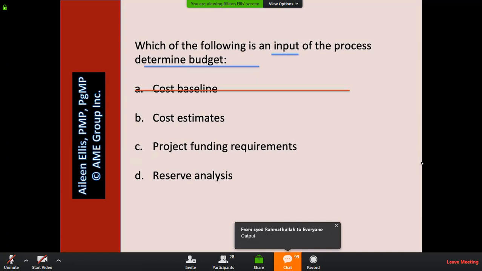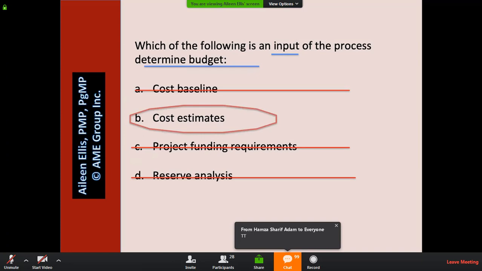Answer C is project funding requirements, because it's an output of determine budget. Great. How do you know answer D, reserve analysis, is wrong? Because reserve analysis is a tool and technique.